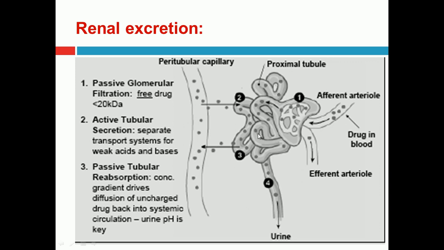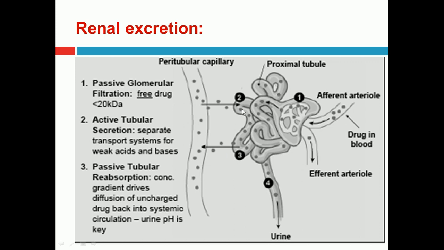While if this acidic drug is ionized in this medium, it cannot be reabsorbed into the peritubular capillary. So if a known case of poisoning or drug overdose is there, and we know which drug he or she has taken, we can change the pH of the urine lumen.